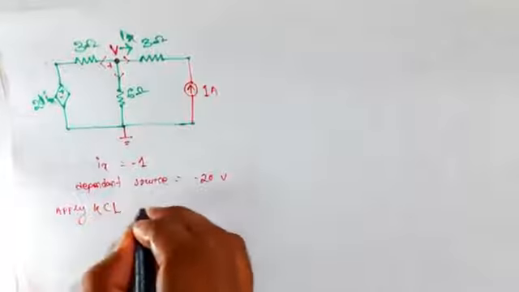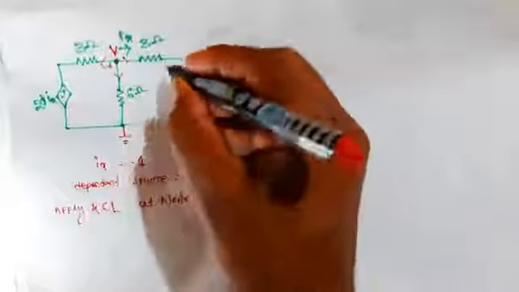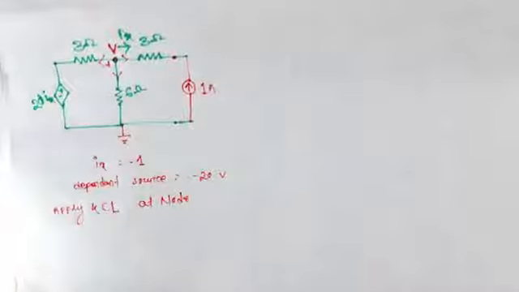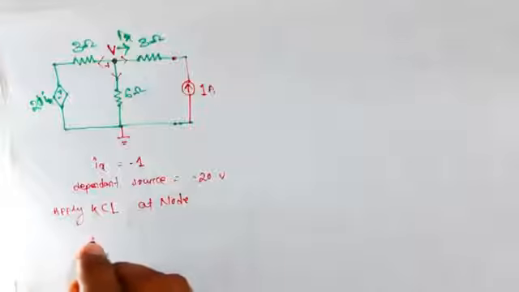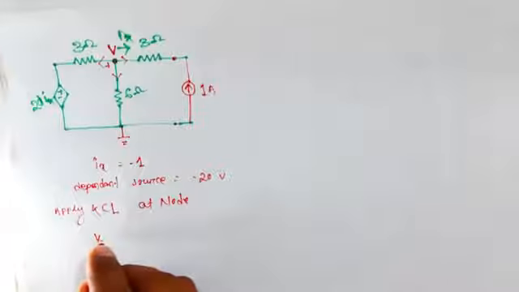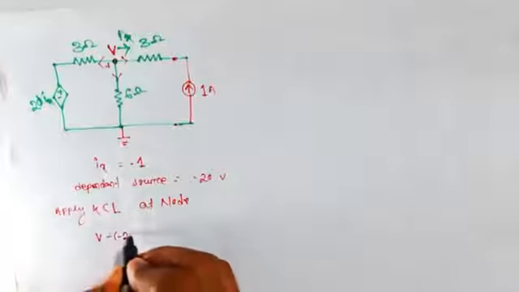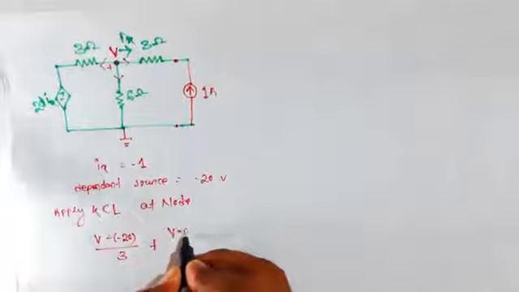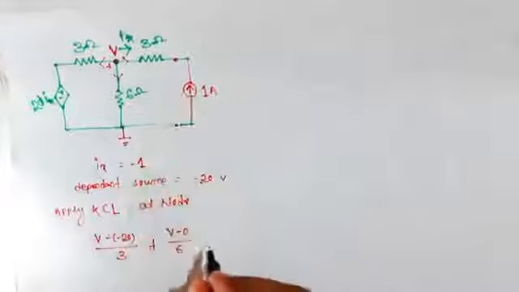Apply KCL at the node. At the node we need to find this amount of voltage, so that we can find it at this. Here we apply: V minus 20, minus bracket, in the bracket minus 20, divided by 3, then plus V minus 0 divided by 6, then this is 1 ampere entering, so that minus 1 is equal to 0.